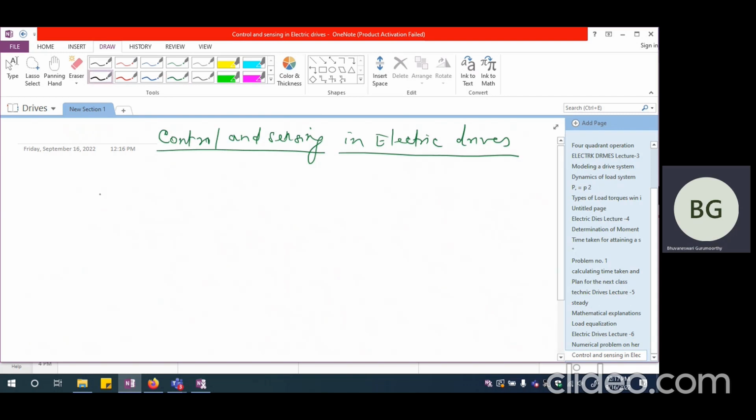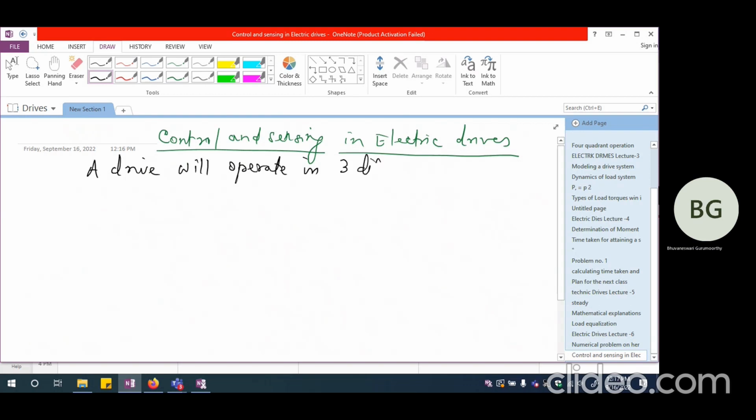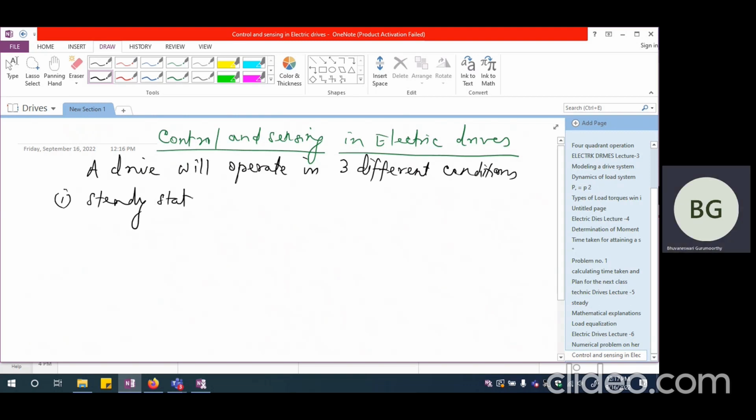So first of all, let us try to understand a drive is going to operate mainly under three different conditions. One is steady state operation at a particular speed and while delivering a particular torque.